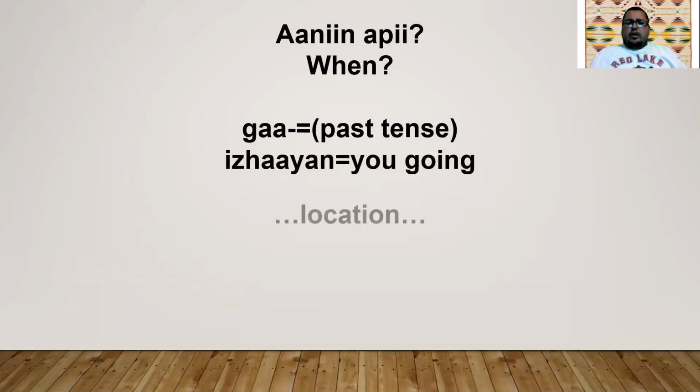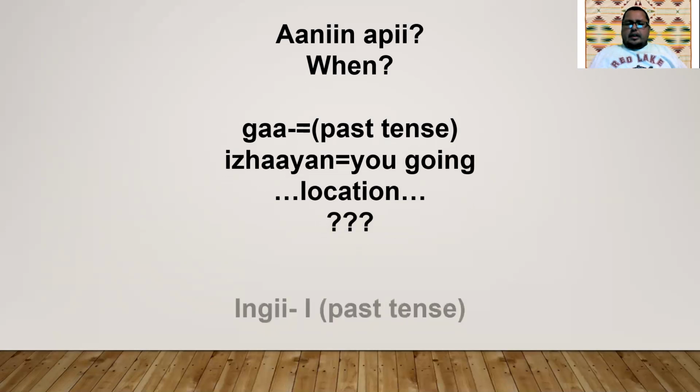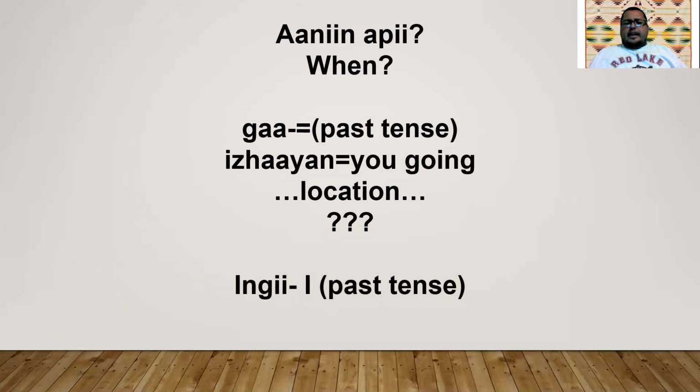Ezhaayan, you going. Anina P, ga ezhaayan, and then your location. And ingi is your I did, your past tense, which was your response: ingi, and then whatever the rest of the sentence is. We're going to see examples of that throughout this.